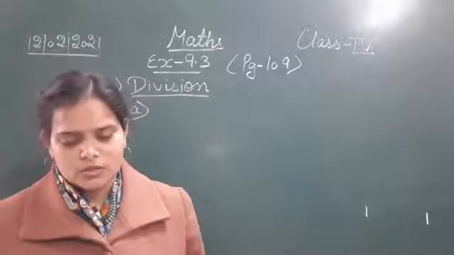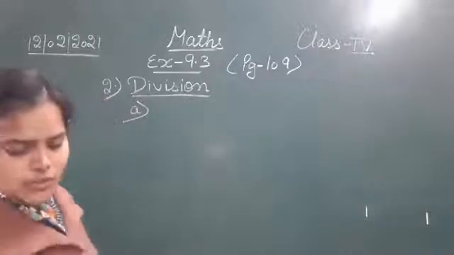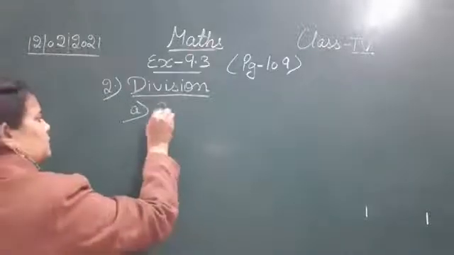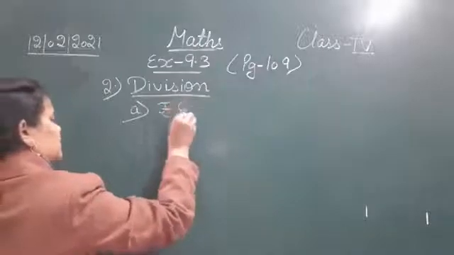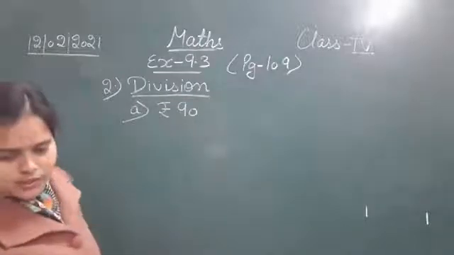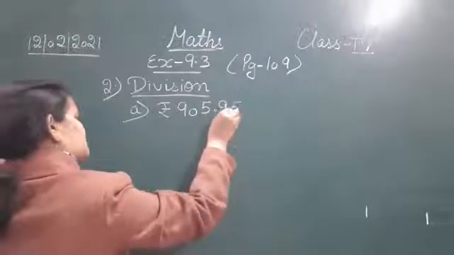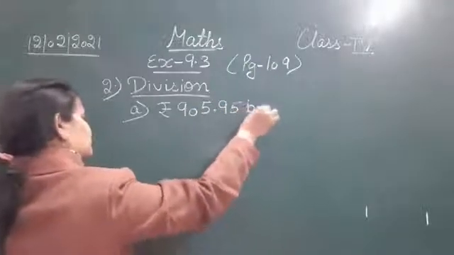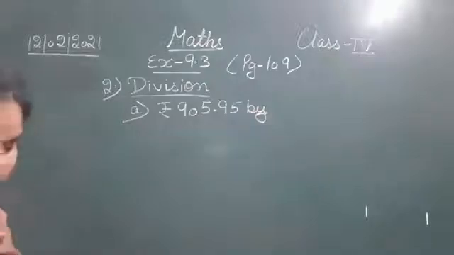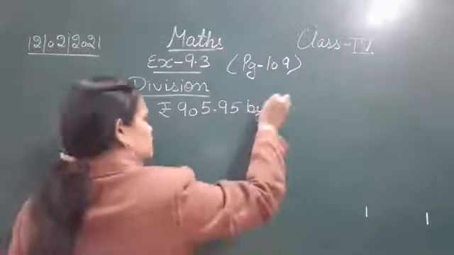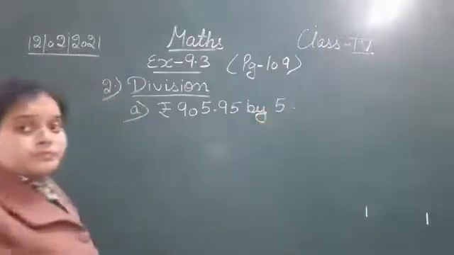Okay, so now we will do the division. So the A part, divide 905 rupees and 95 paise by 5. Okay, so let's divide them.